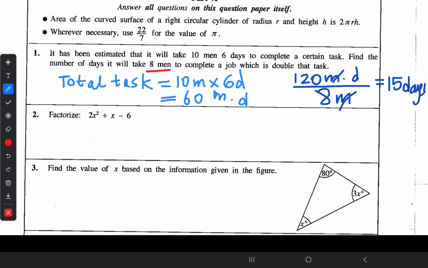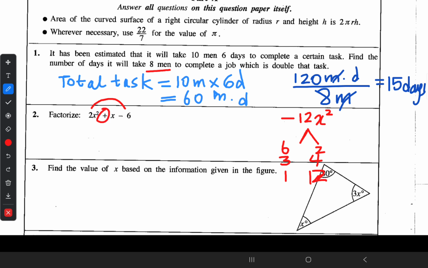Factorize this one. To factorize a quadratic expression, you should multiply both end members. It would be 2x squared into negative 6, negative 12x squared. Suitable multiplicands would be 6 and 2, 3 and 4, 1 and 12.